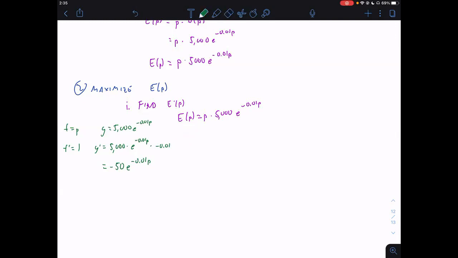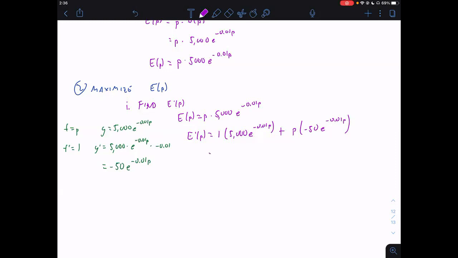So now let's apply the chain rule to find e prime of p. Again, using the chain rule, we take f prime times g, so 1 times g, where g was 5,000 e to negative 0.01 p, plus f times g prime, where f was p, and g prime here we found to be negative 50 e to negative 0.01 p.